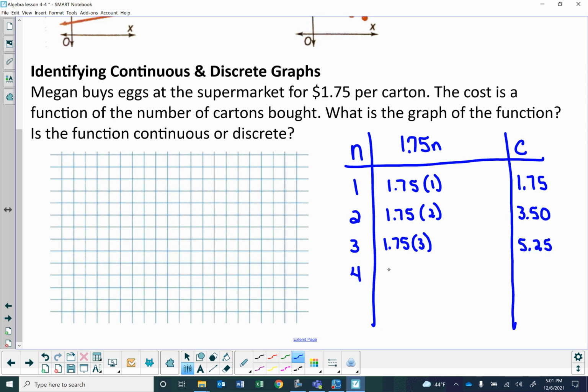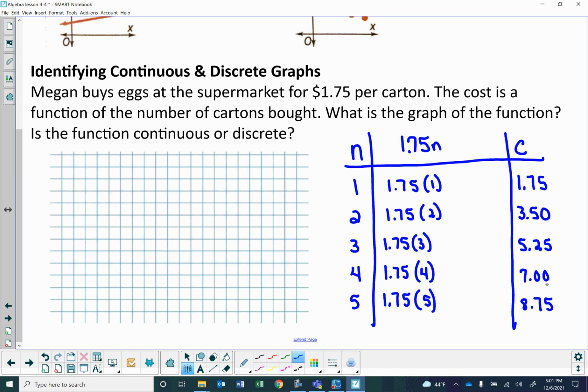If I buy 4 cartons, it's 1.75 times 4, which is going to be $7. And if I buy 5 cartons, it's 1.75 times 5, which is going to be $8.75.